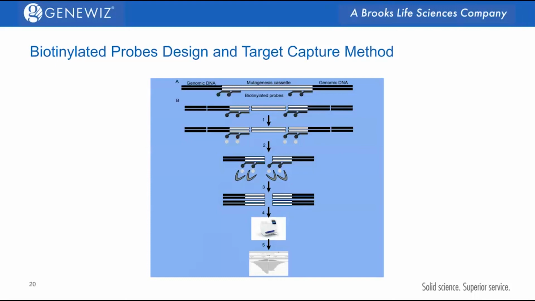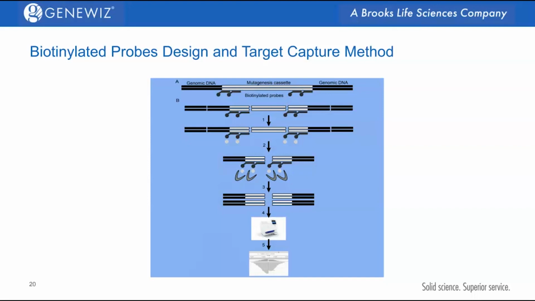So in the figure, let's say you have this mutagenesis cassette, which is in white, which goes and randomly inserts in the genomic DNA somewhere. Just to give you a heads up, we know the sequence of this mutagenesis cassette, but we don't know the sequence of the genome or the genomic DNA where it's inserted.